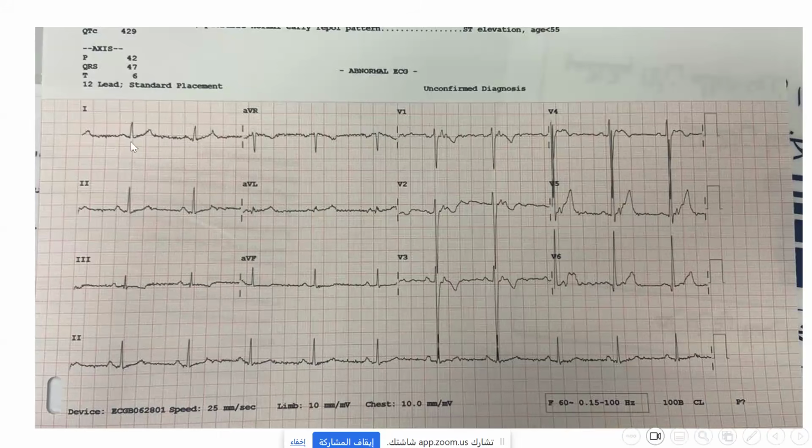You mentioned T wave inversion in the anterolateral leads. Mention the leads, please. V1, V2, V3, V4. Okay. And the T wave is upright in V5, V6. Okay. So there is T wave inversion. This patient has normal coronaries, so don't say ischemia, there is no ischemia.